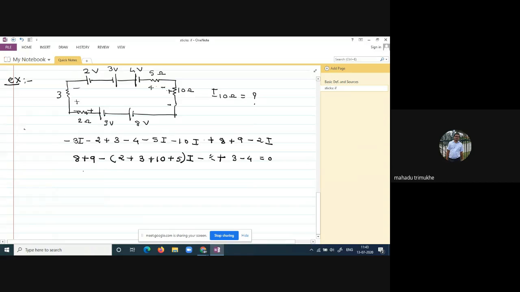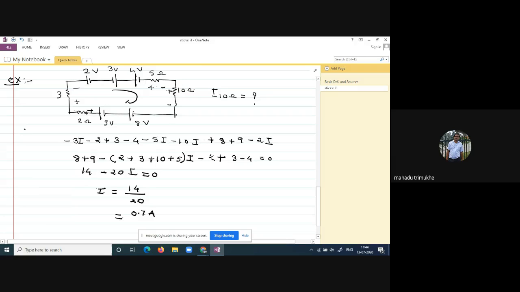Then adding the voltage sources gives 14, minus 20I equal to 0. Then you can calculate the current: I is equal to 14 by 20, which is nothing but 0.7.